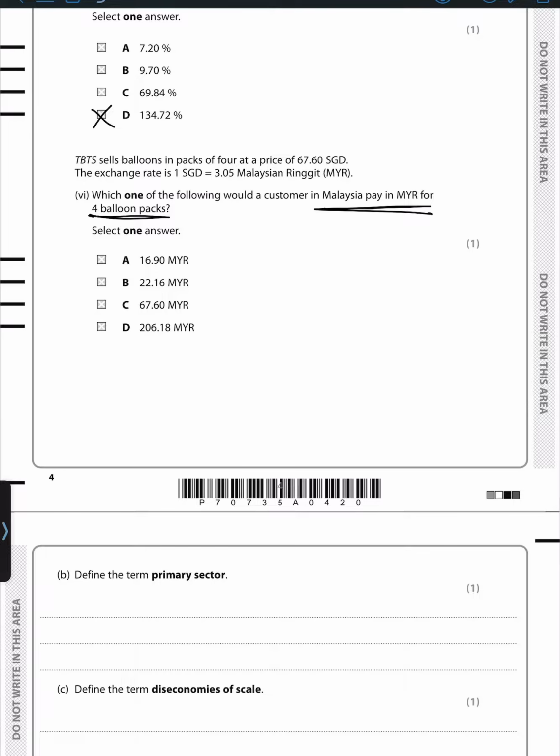So we are basically gonna have to do an exchange rate calculation. So if one pack costs 67.6 dollars in Singapore, then what is the cost of the same pack in Malaysia? So it would just basically be 67.60 times 3.05, and the correct answer for this is part D.